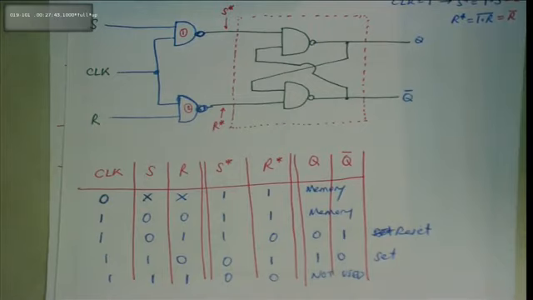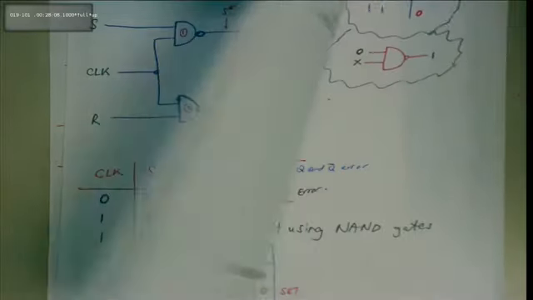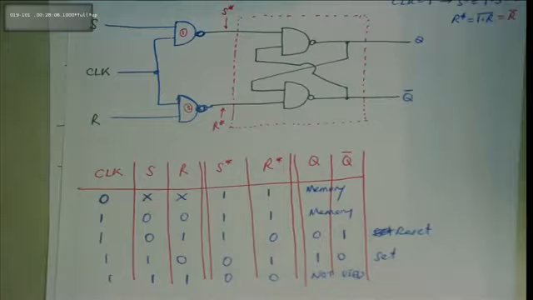Okay, now, if clock is 1, now we've got some areas to play. S is 0, R is 0. What happens to S star and R star? If clock is 1, what did I say? If clock is 1, S star and R star become flipped. It's opposite. So this one will become 1, 1.